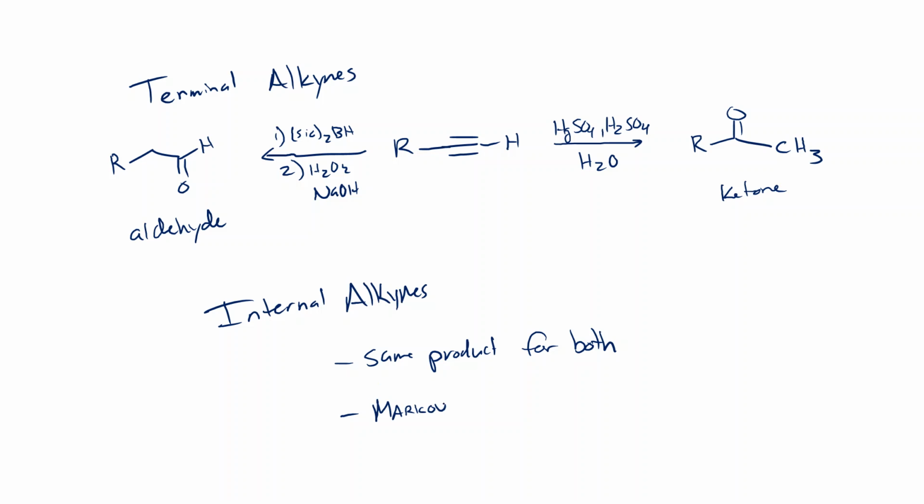Markovnikov cannot apply because you have an internal alkyne, you have a secondary carbon and a secondary carbon, and so there is no difference in steric hindrance or carbocation stability between those two positions. So internal alkynes will always just give you a ketone product regardless of which conditions you use. So terminal alkynes different, internal alkynes the same.